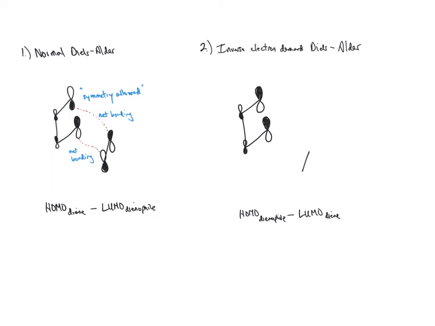Okay, so in the HOMO of the dienophile, we're going to have net bonding interaction in between. So let's shade it on the bottom, because what will end up happening is, as this dienophile approaches from the bottom, you can get a net bonding interaction between the respective orbitals. So again, this is symmetry allowed.